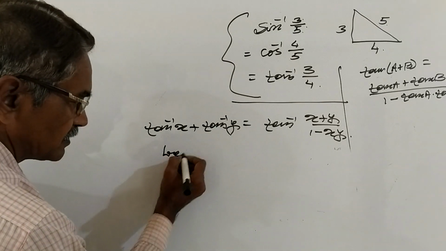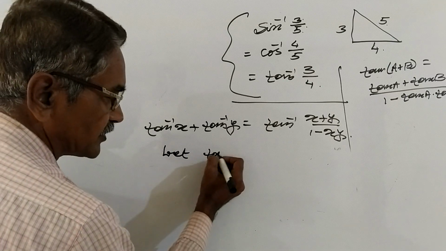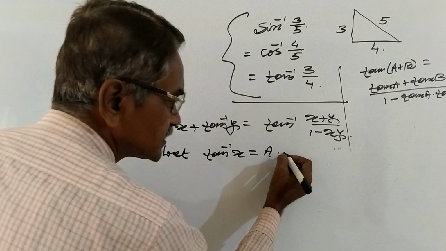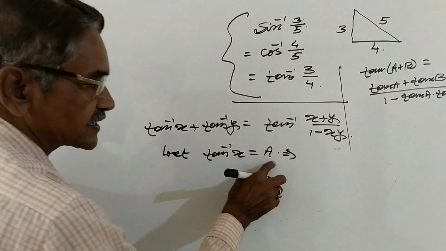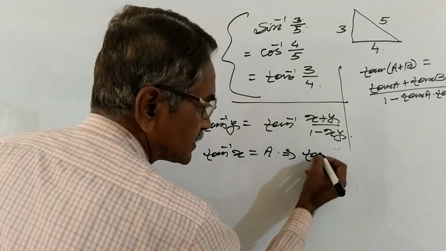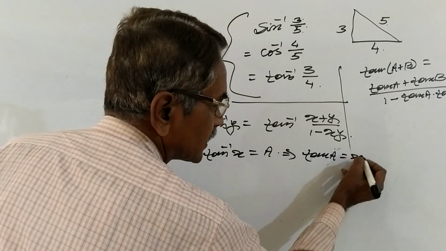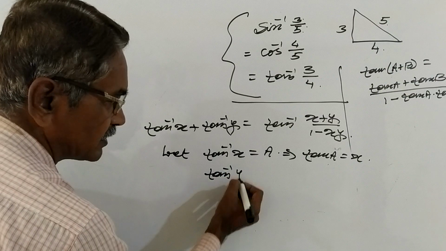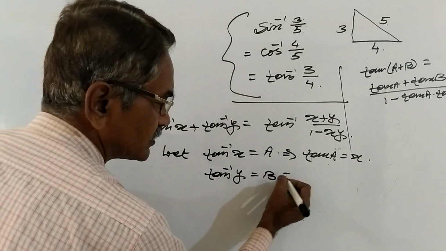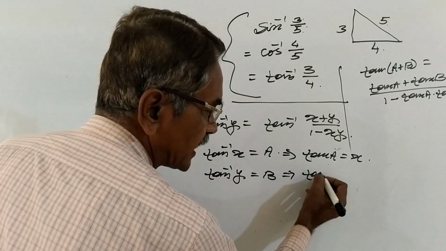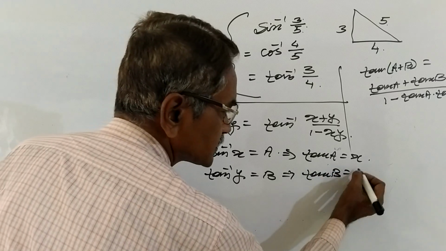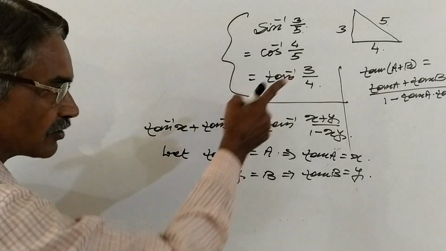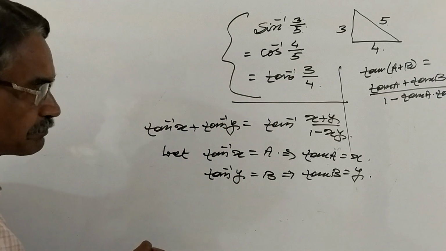Let tan inverse x equals a. So this means x equals tan a. Tan a equals x. And tan inverse y equals b. This means tan b equals y. Okay. Now use that formula, tan (a plus b).